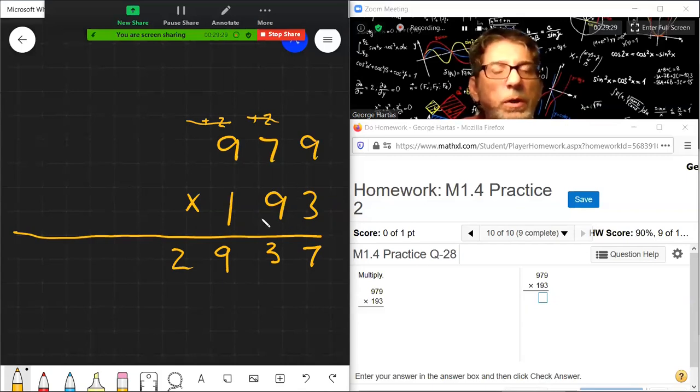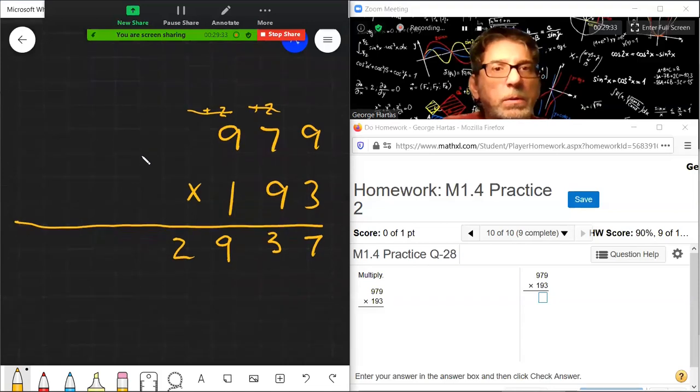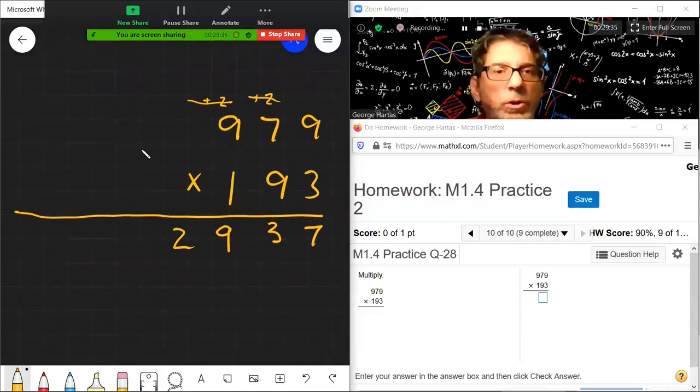Let's switch gears to the 9 now. All right, so we're going to start our answer right below the 9 here. 9 times 9 is 81. Right-hand digit, left-hand digit. 9 times 7 is 63. 63 plus 8 is 71.